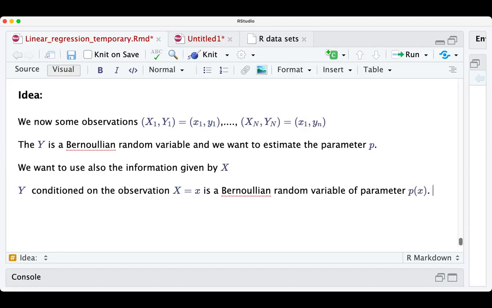So here is a little bit a tricky point. Do you see what I'm doing?